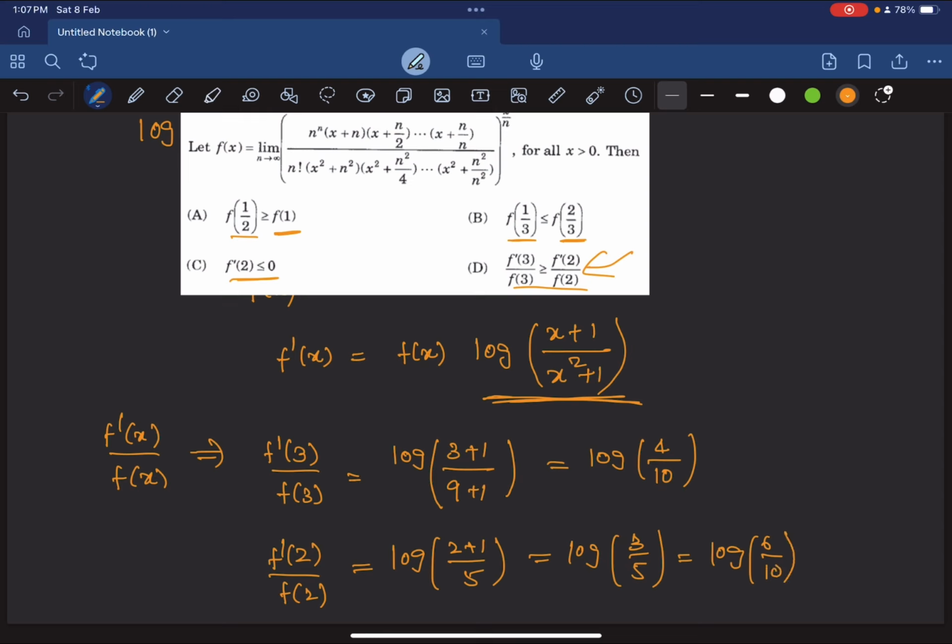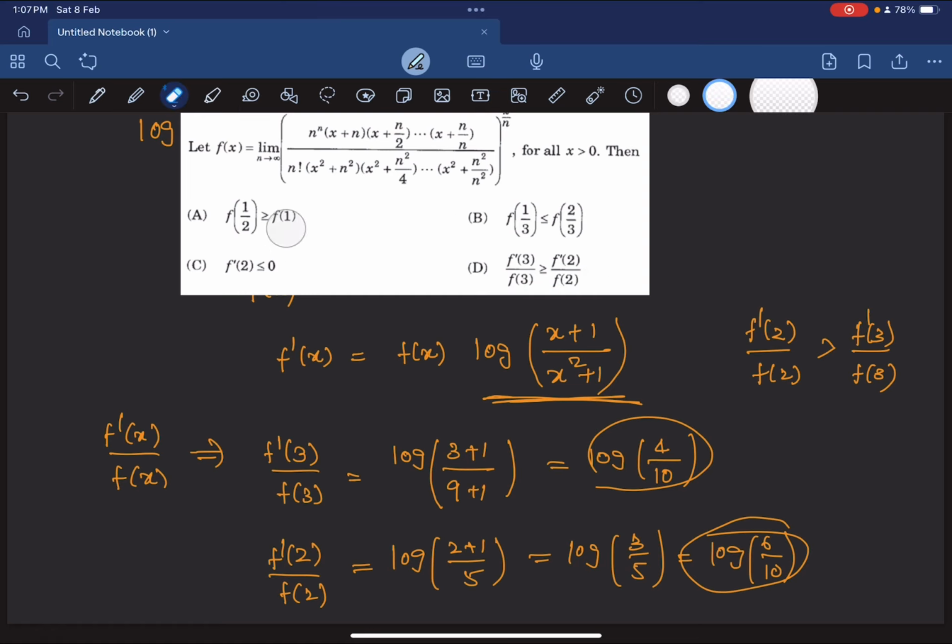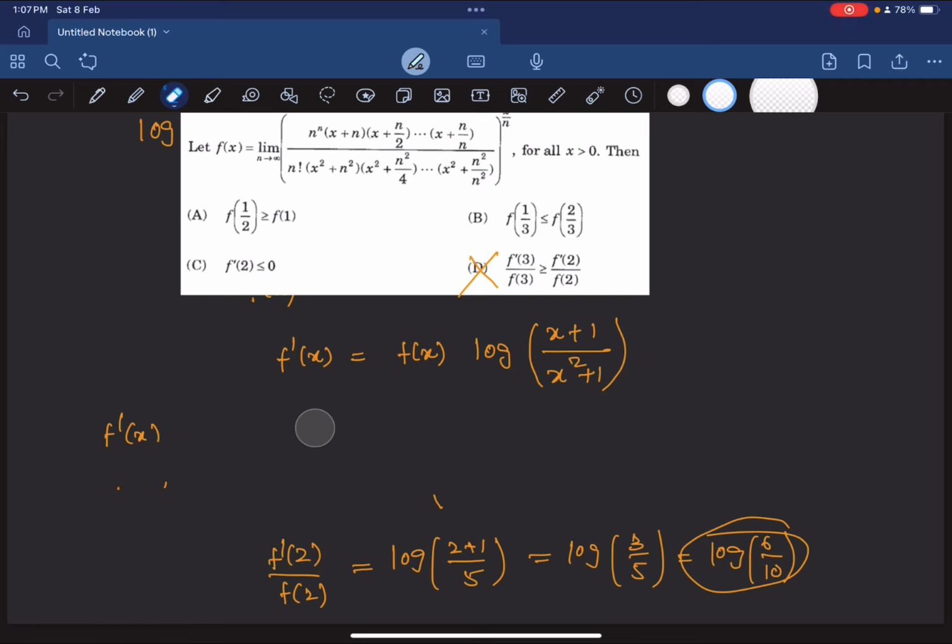So which one is greater? Log 6 upon 10 is greater than log 4 upon 10. So f dash of 2 upon f of 2 is greater than f dash of 3 upon f of 3. Therefore option D is not correct. Option D is incorrect. Now let us go ahead and check the other options.